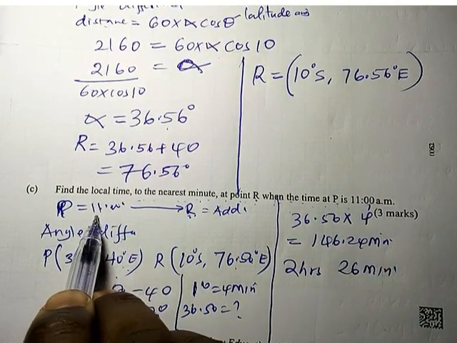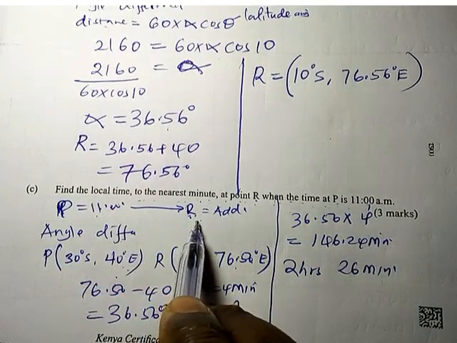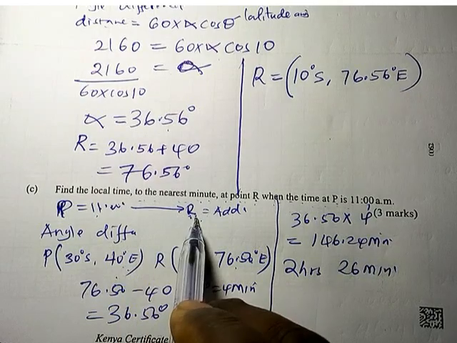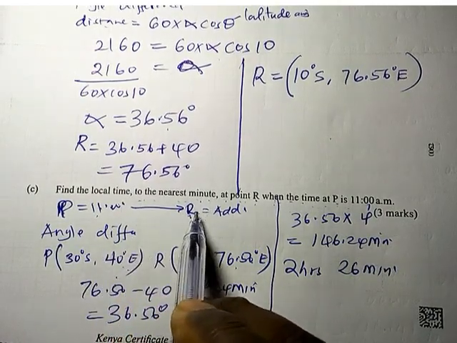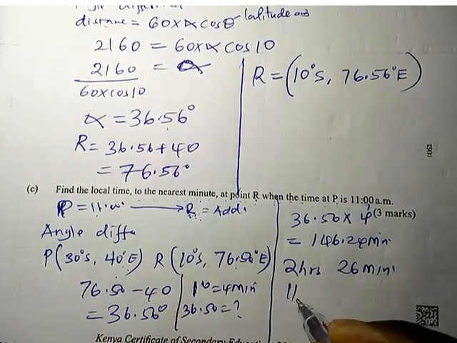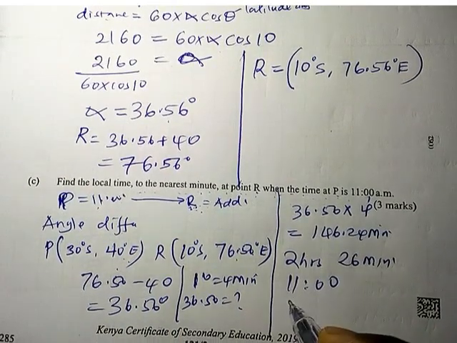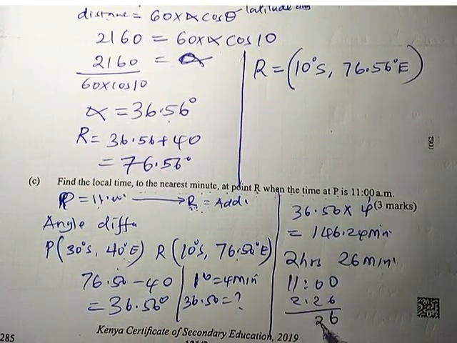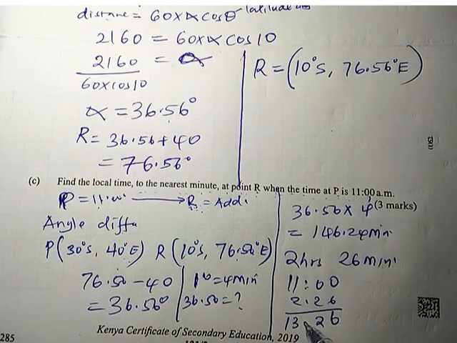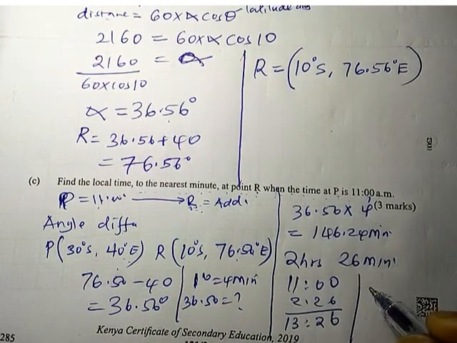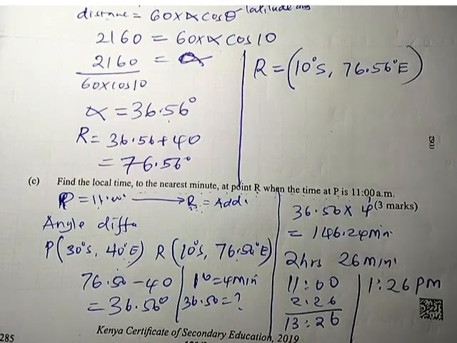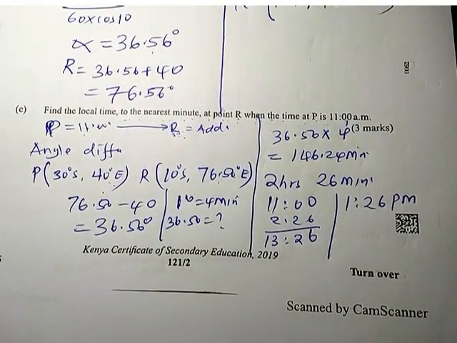So hapa ikiwa 11 to the east, we add because we are moving towards the east. So it is 11:00 plus 2:26, so itafika pale saa 7:26 PM.